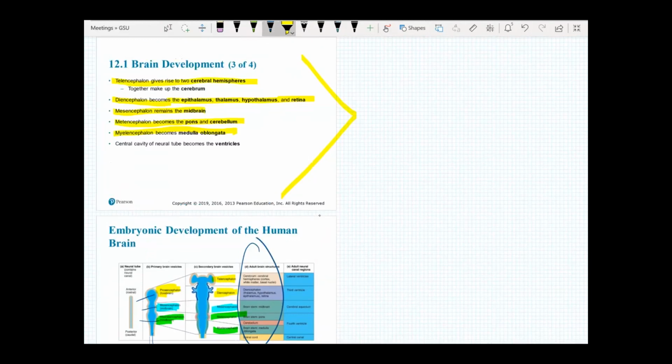So basically what we are doing is going from a neural tube that looks like this, and through a very complex process, our neural tube essentially will become this and then this. These sections of prosencephalon were here, and then they essentially become this section.